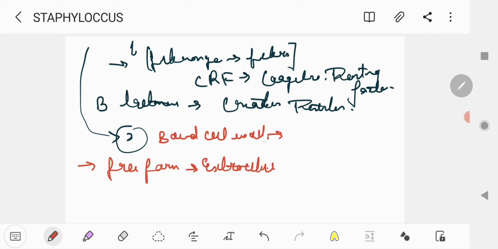Okay, the bound cell wall form shows the slide coagulase test, and the extracellular form will show the tube coagulase test. You can check both, or you can know this is heat stable and this is heat labile.